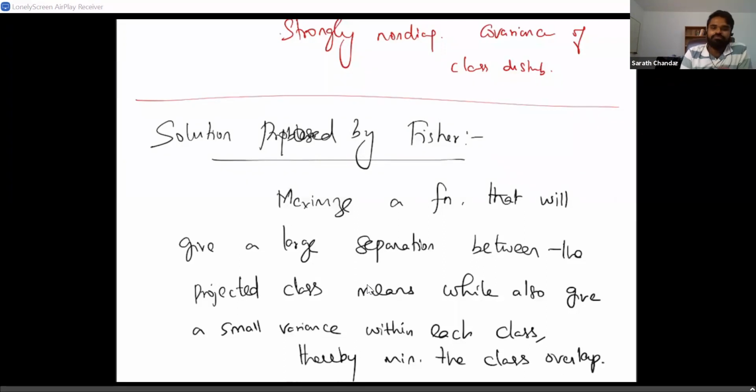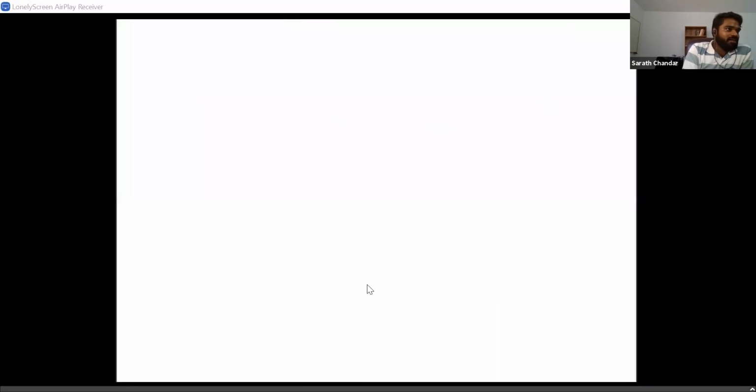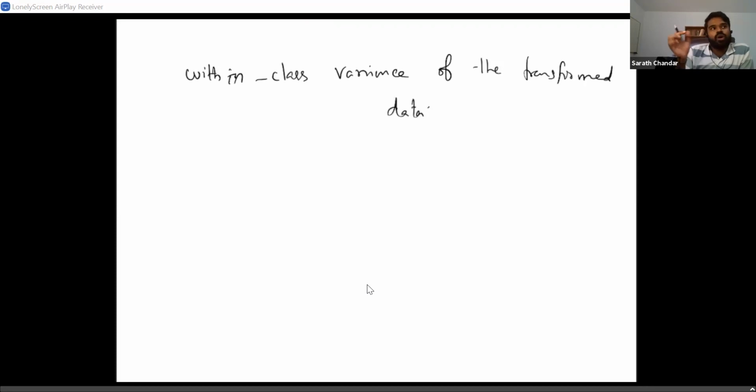Now we need to rewrite this mathematically, right? To do that, let us consider the within class variance of the transformed data. Once I transform the data, what is the variance within one specific class? Let's take class CK.